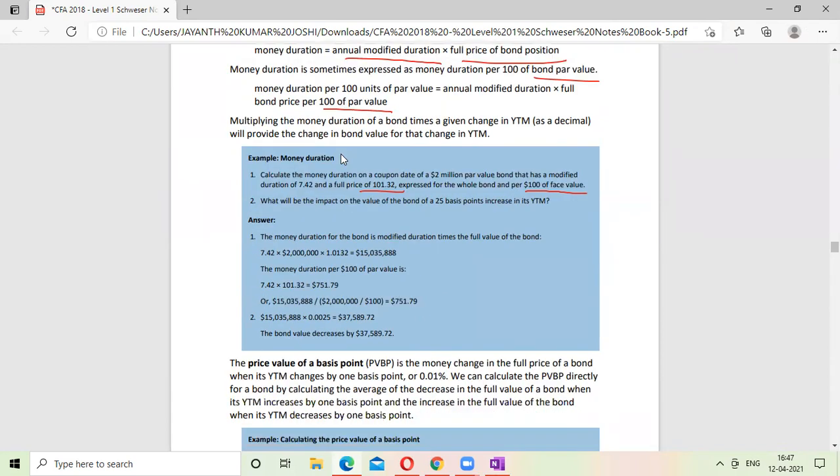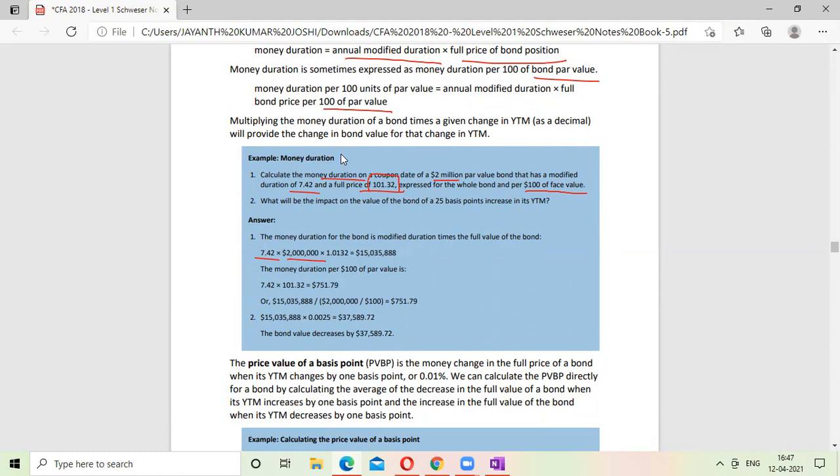Now let's take a question. Calculate the money duration on a coupon date of a $2 million par value bond with a given modified duration. They have given the modified duration, they have given the full price even. So what's the formula? Modified duration times the bond position, $2 million, times the full price.